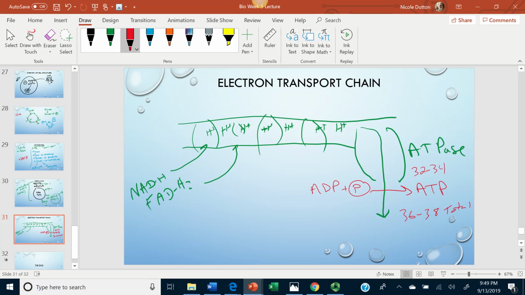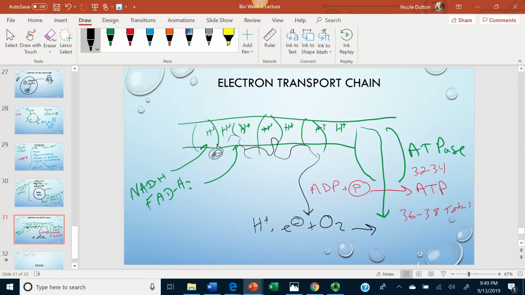Now there's little electrons that are bouncing around all over the place out here, and they're going to go through these complexes, but eventually these electrons have to be accepted by something. So we take these hydrogen ions plus the electrons plus oxygen to produce water.